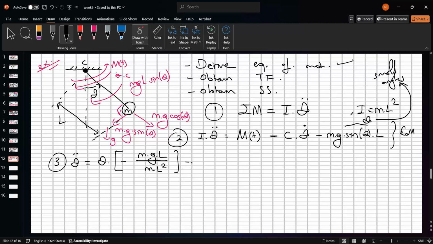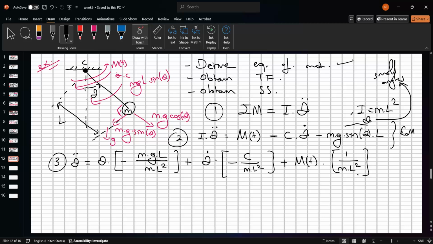And so we also have theta dot, and so minus C divided by ml squared, and plus the moment times one divided by ml squared, right?